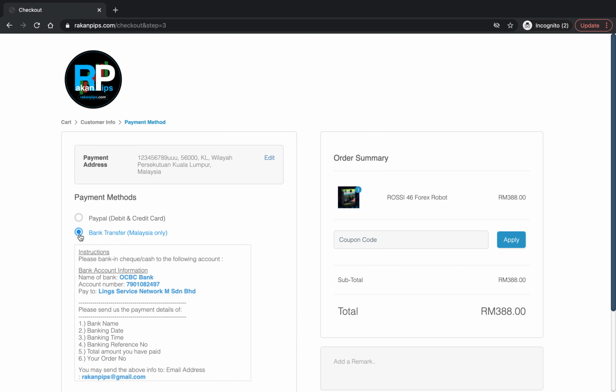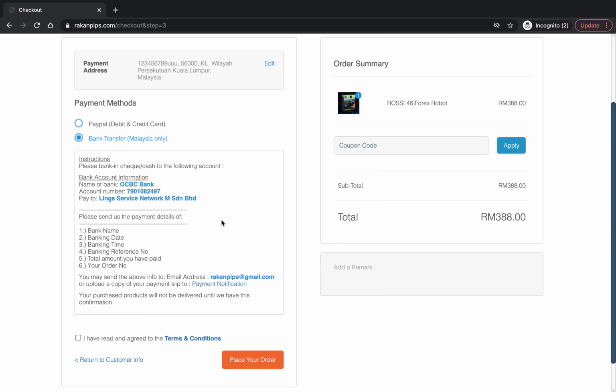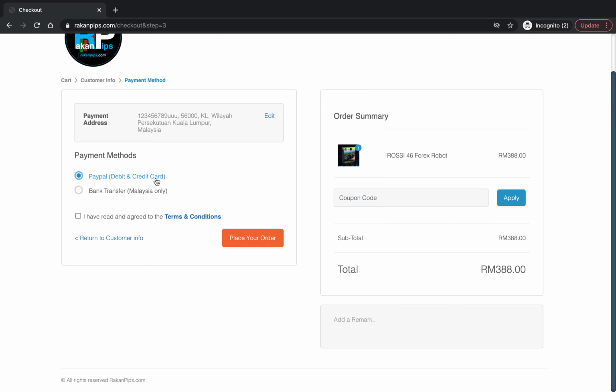Or you can go to bank transfer and transfer to the OCBC bank account. This is easily transferable from a Malaysian bank account. But if you're purchasing this from overseas, I think the PayPal option will be the best.